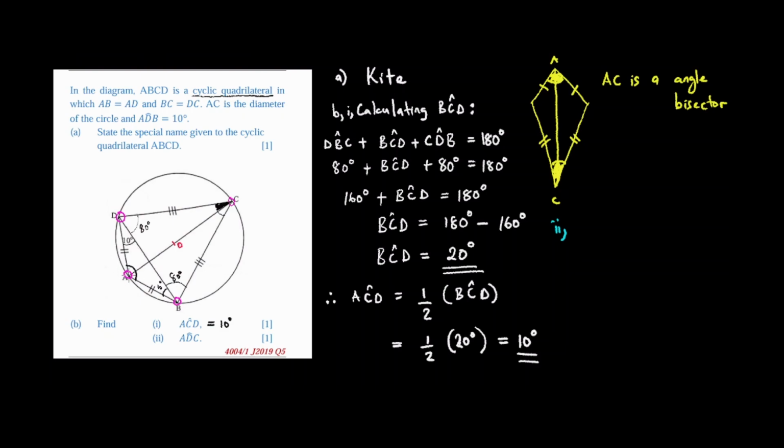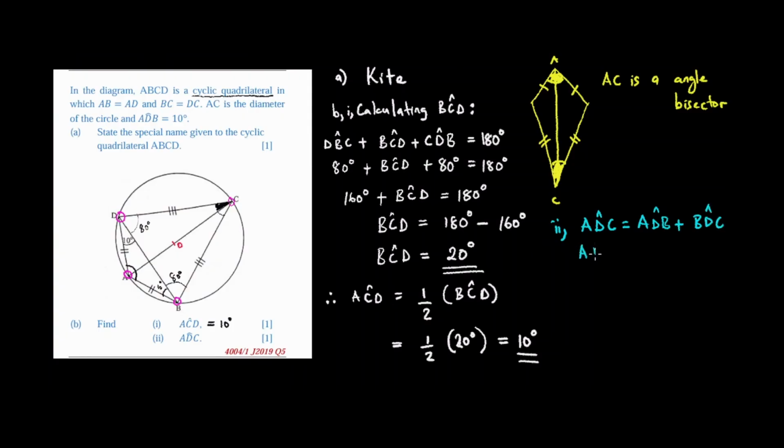Saka ADC. Muruzona. ADC is equal to ADB plus BDC. Like that.